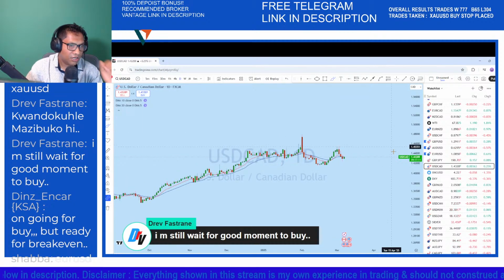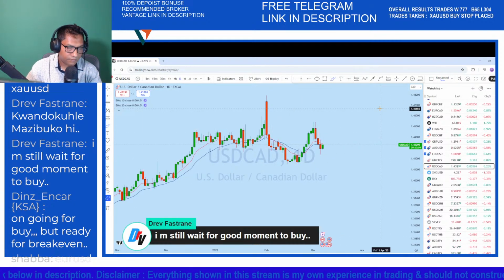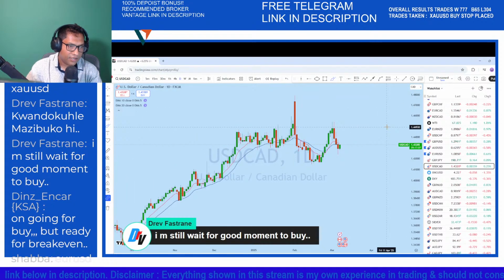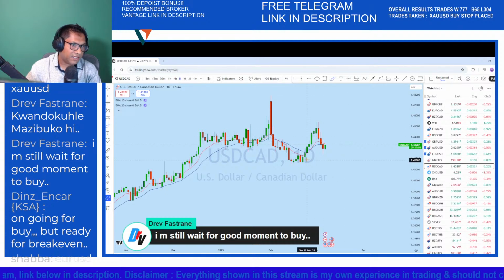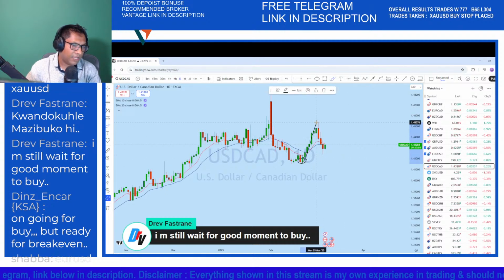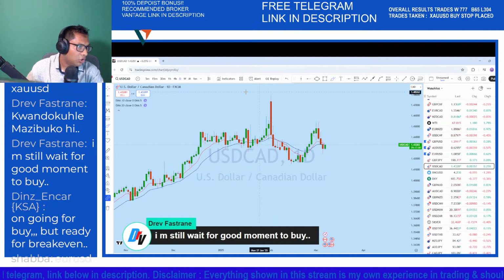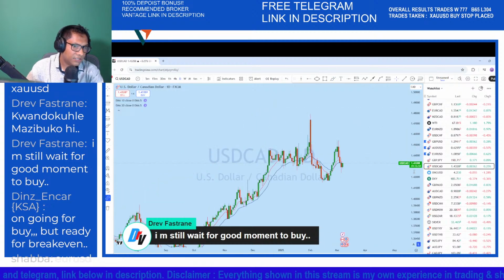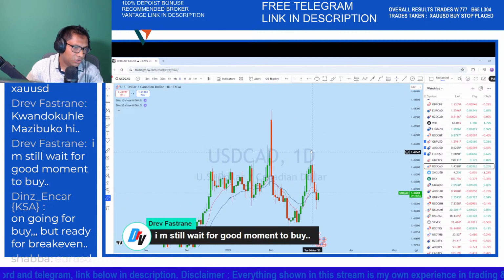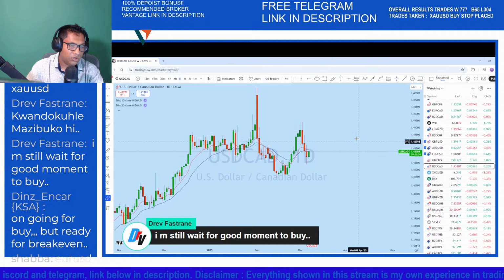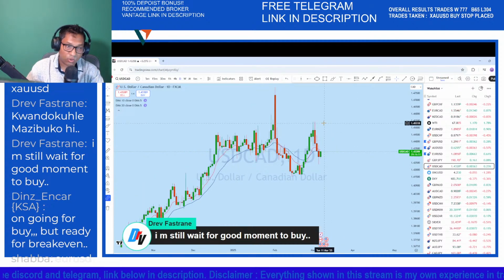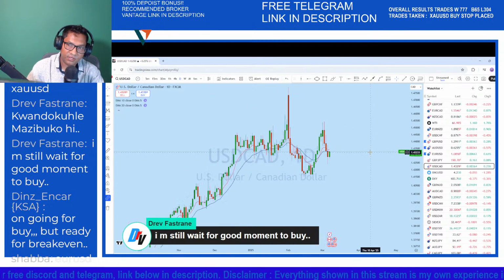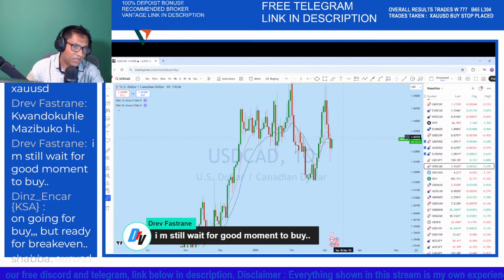Now, looking at the daily chart on dollar CAD, the price from this support level has made its move to the upside, and with that bounce, a couple of days of drop here, with the weakness on the DXY, we saw dollar CAD also in a very strong downtrend on the lower time frame.